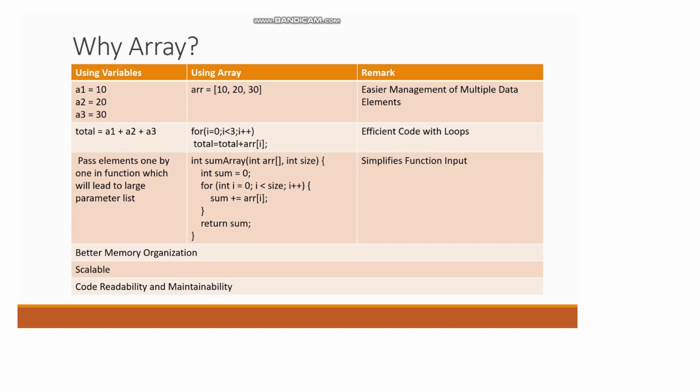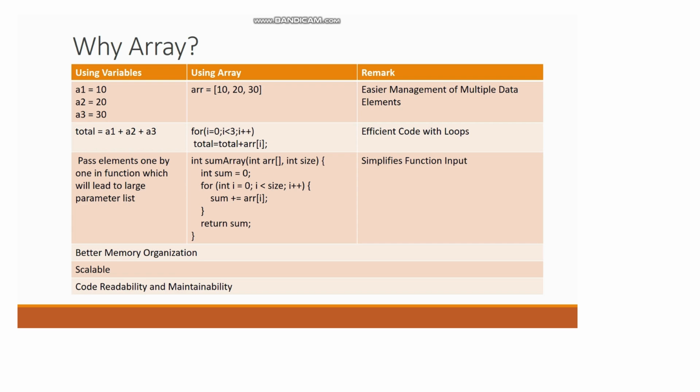Similarly, the third option is when we want to pass more than 2 or 3 values to a function. I hope all of you are aware of what a function is. In a function, generally we pass values which are known as arguments or parameters.